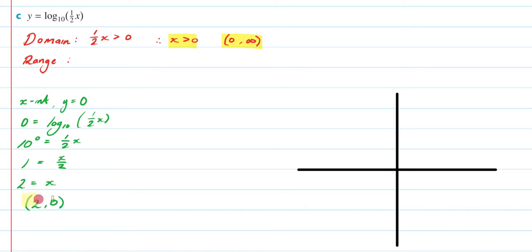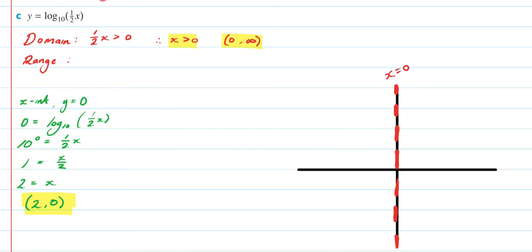Perfect. So we're nearly there. Let's start drawing what we've written here. The fact that my domain is 0 to infinity confirms what I already know, and that is that my asymptote is going to be at x equals 0. So let's draw that in. This is x equals 0.